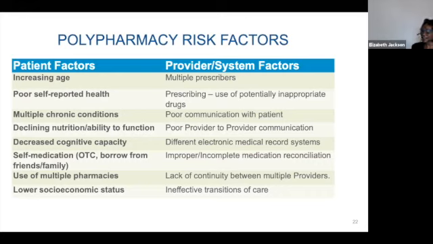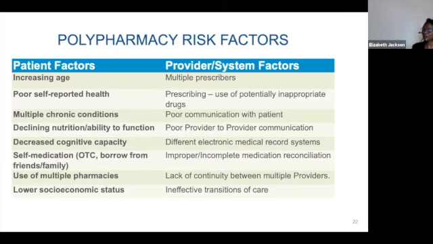Polypharmacy risk factors. There are patient factors and provider and system factors. As we age, our risk for polypharmacy increases. So you can imagine for the geriatric population, as they age, they're taking more drugs, so there's more risk for polypharmacy.